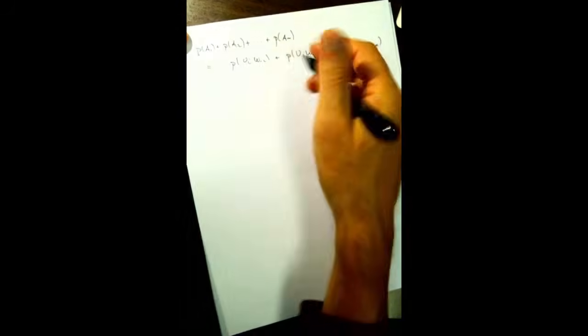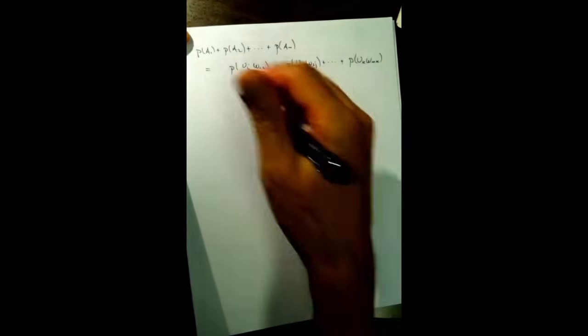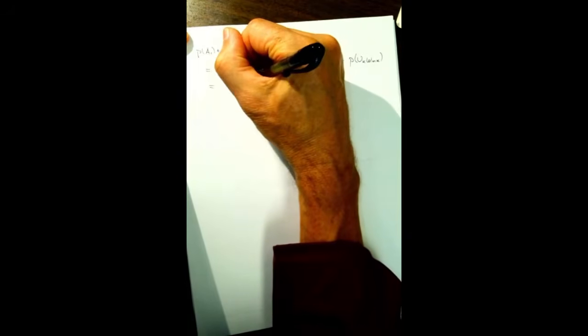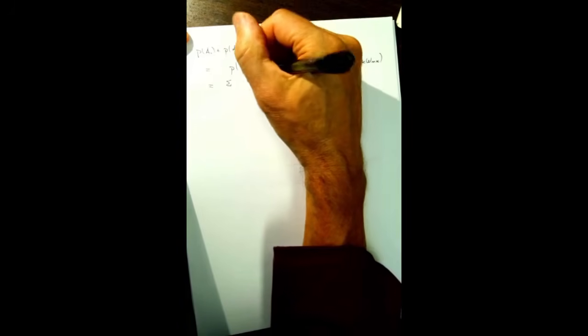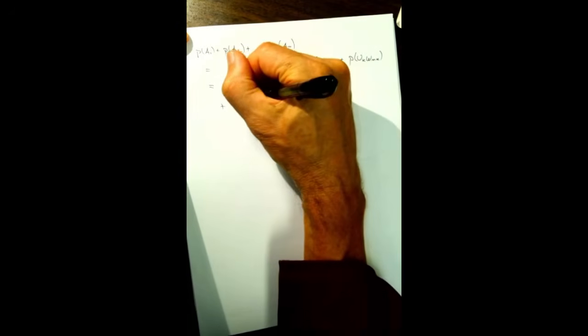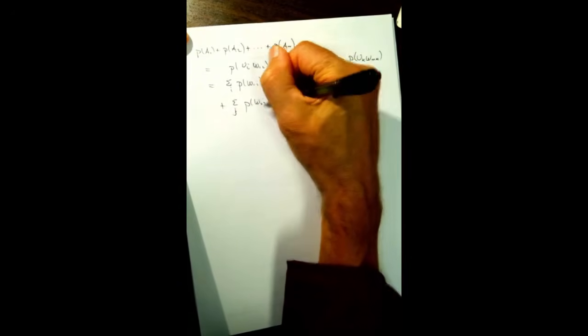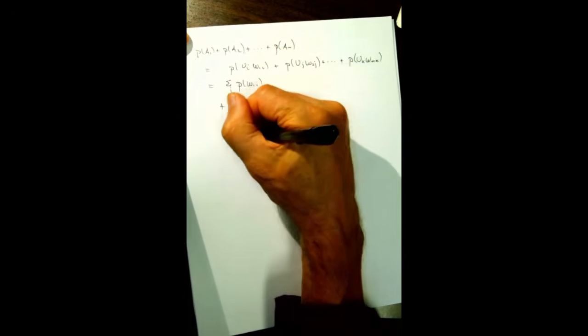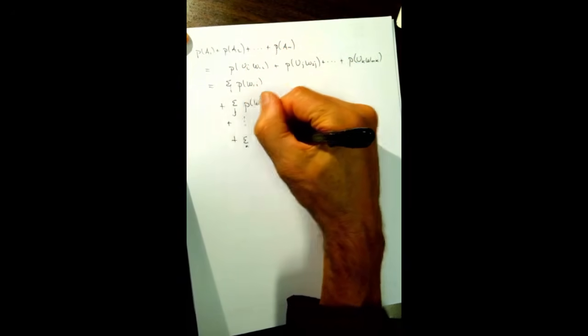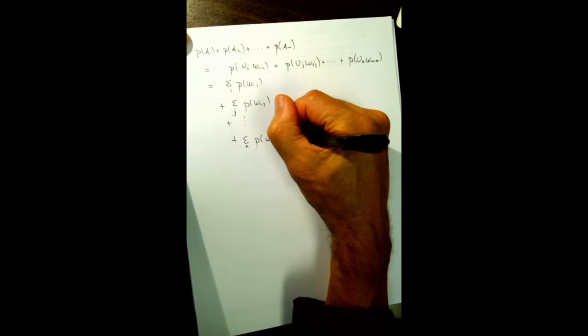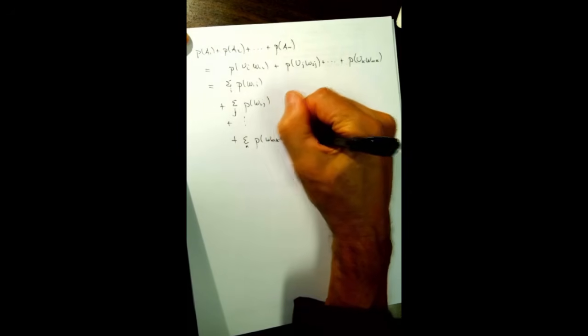Then by definition, because these are base sets, this is going to be the sum of the probability of the W1Is plus the sum of the W2Js. And this keeps on going down to the very end. It's going to be the sum of the WMKs.